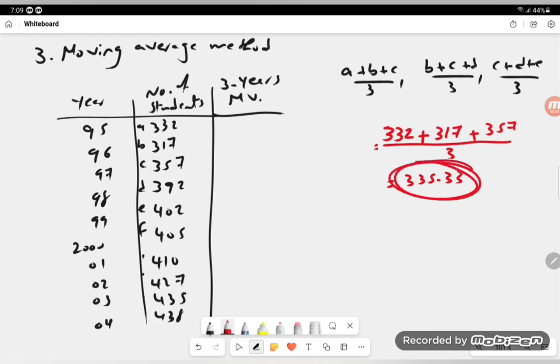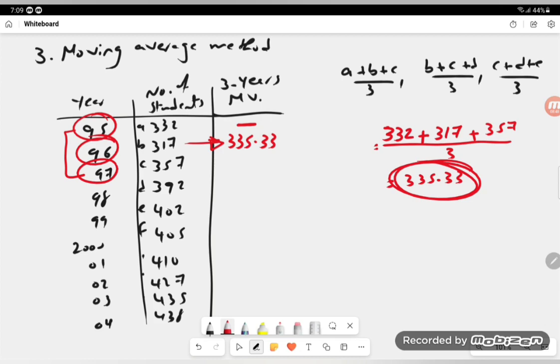The value of this moving average will be located in the center of the 3 observations, the center of 1995, 1996, and 1997. So it will be here. This means that there is no value for the moving average in the first year.